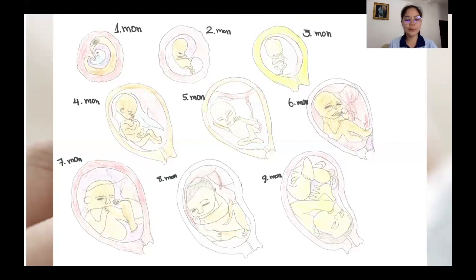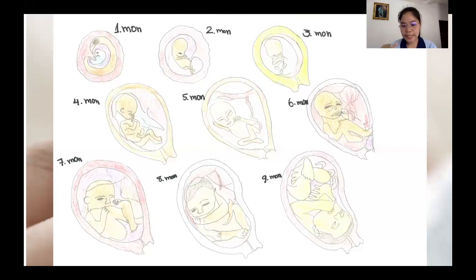So in month number 4, the baby's heartbeat can now be audible. The doctor can hear the heartbeat through an instrument called a Doppler. The fingers and the toes are well defined.